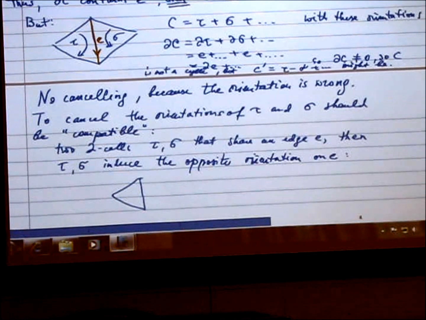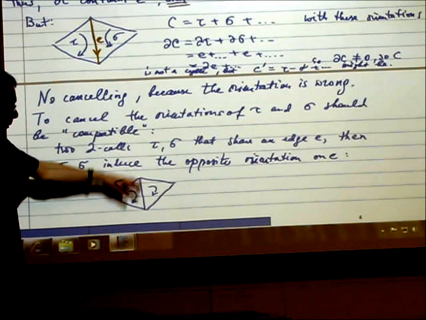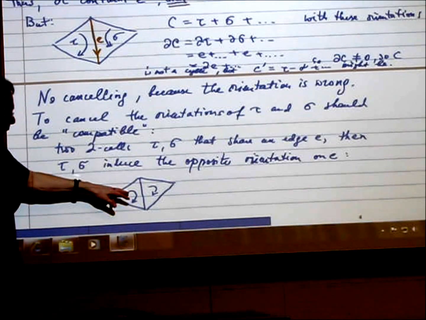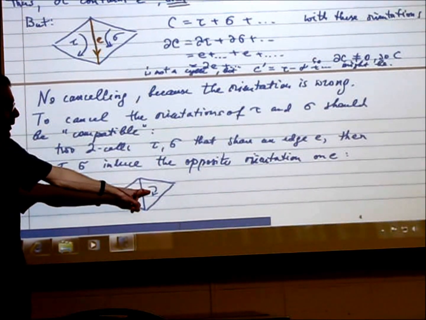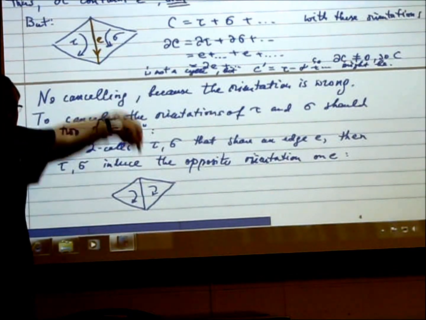Actually it looks better, because in this case, both of them are clockwise. If both of them go clockwise, they will induce the opposite orientation. So tau will induce orientation down, and sigma will induce orientation up. See how it turns out.